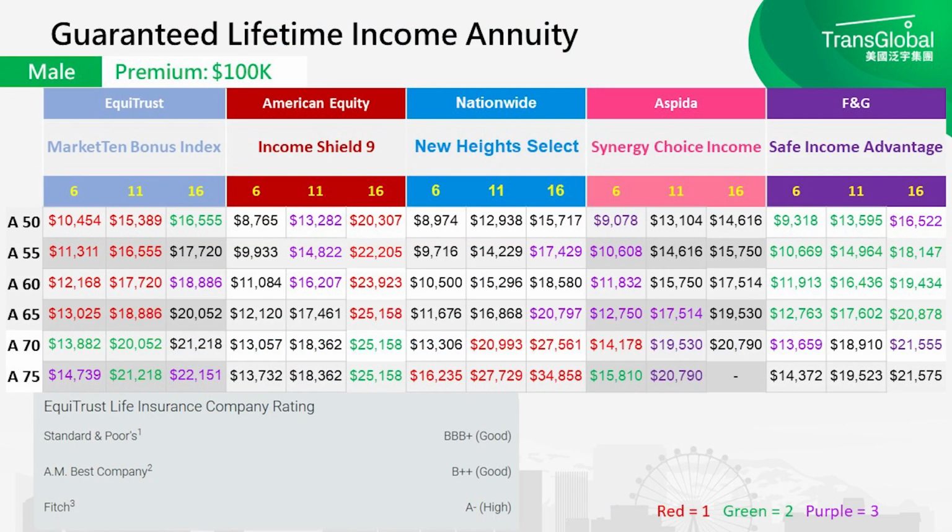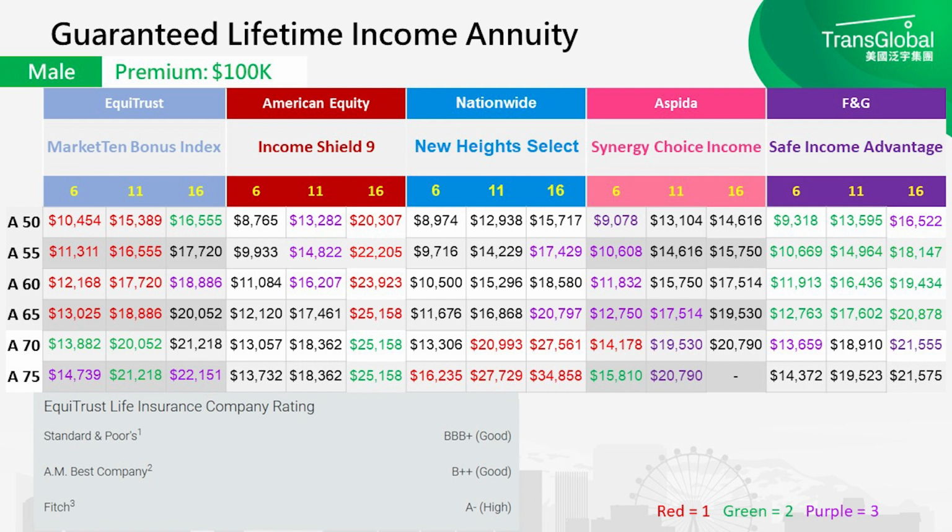If you put them into consideration, it is actually number one income for guaranteed income. It is more than F&G. F&G becomes number two. But again, see their rating. So everybody remember, red is number one. Green is number two.